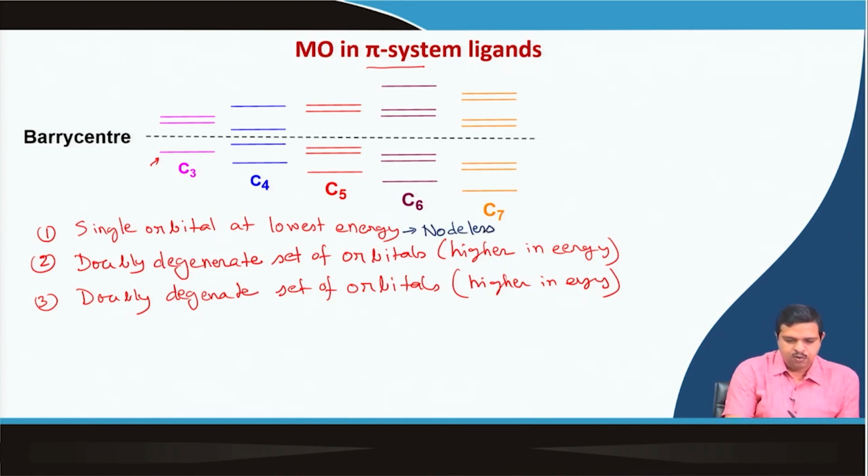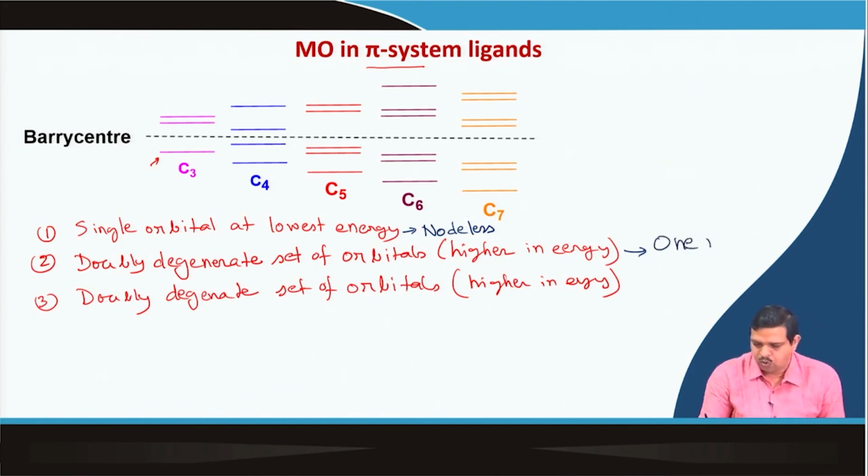Okay, and for the next set of degenerate orbitals, which are slightly higher in energy, you will have one nodal plane, containing the principal axis.